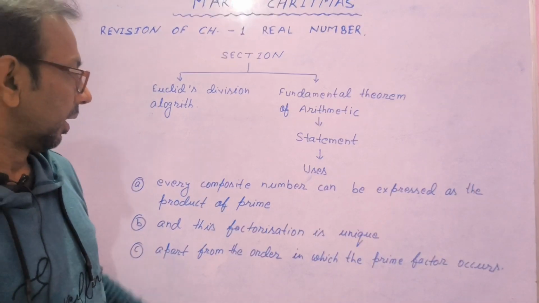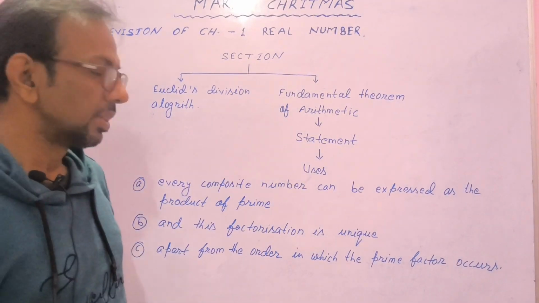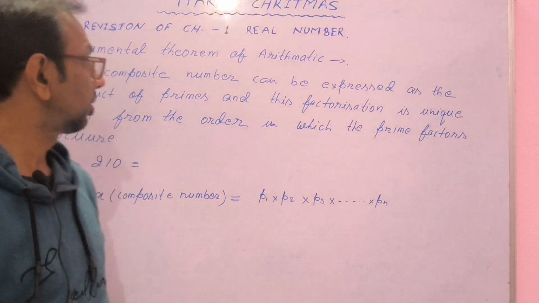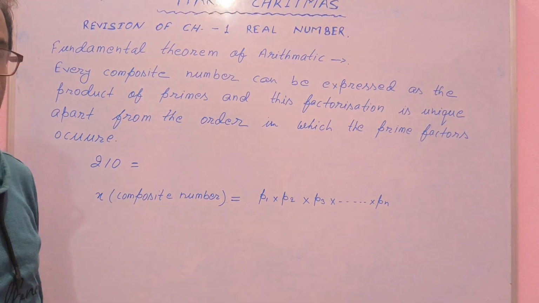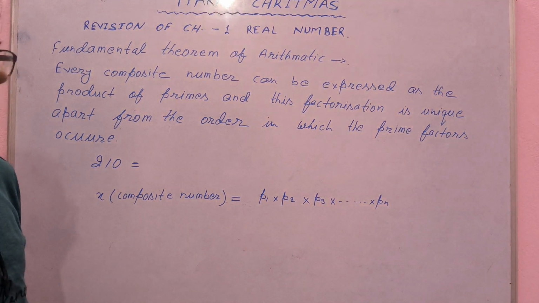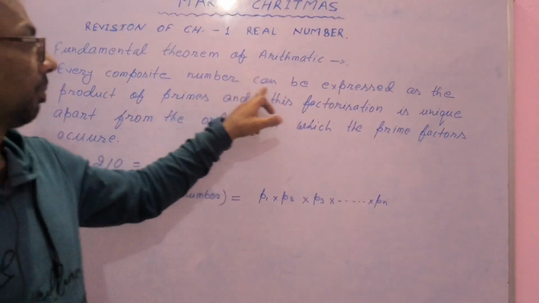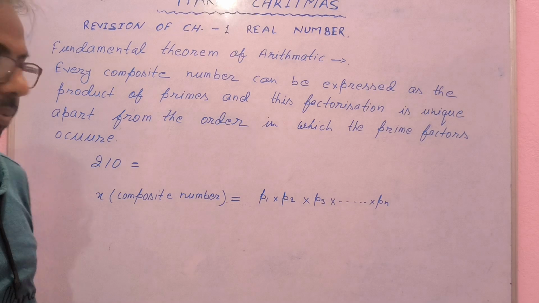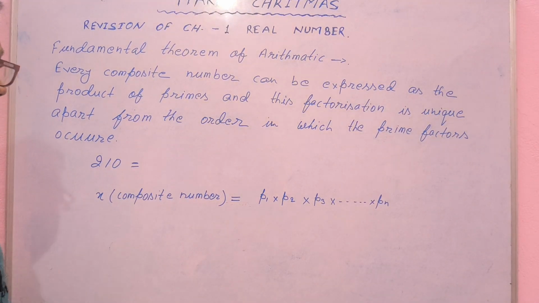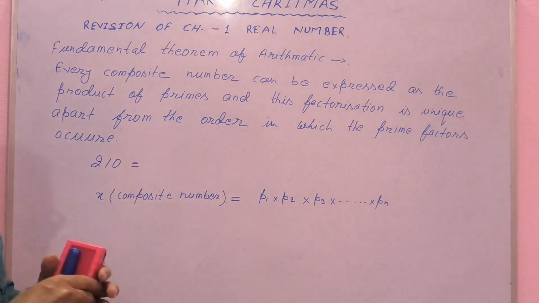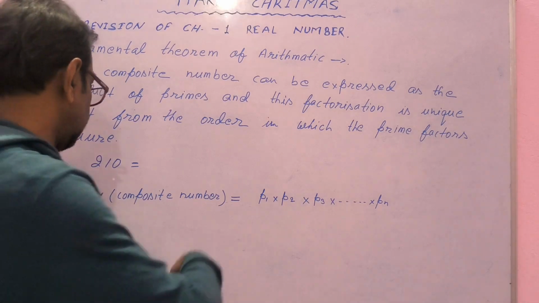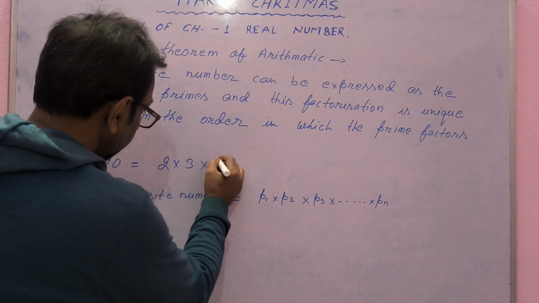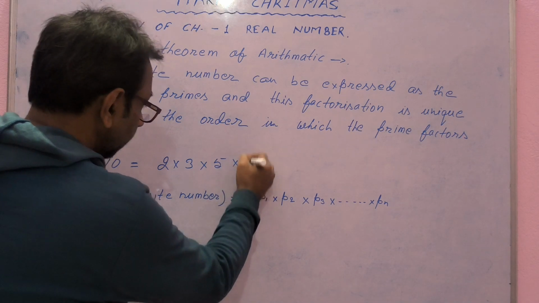So let us understand this statement of the fundamental theorem of arithmetic. The first point deals with every composite number being expressed as the product of primes. Let us see the explanation of this part. Suppose we have a composite number 210. We can write it as 2 into 3 into 5 into 7.